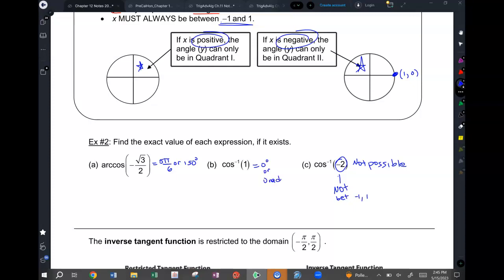If it was just normal cosine, you wouldn't have cosine of 1. You would have cosine of, let's say, 0 degrees, and then it would be 1. Do you see how x's and y's switch?